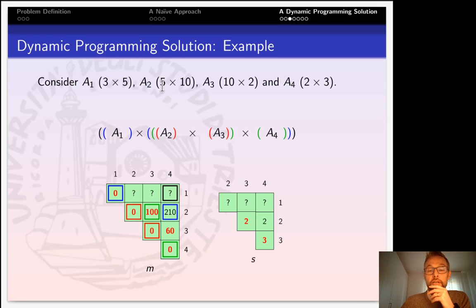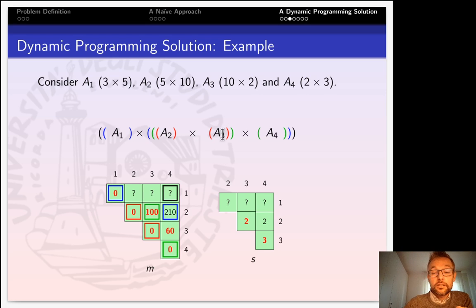Why? Because A2 has 5 as number of rows, 10 as number of columns, and A3 has 2 as number of columns. So 5 times 10 times 2 ends up with 100, and this is for sure the minimal number of required scalar multiplications, because this is the only way in which I can split this problem into sub-problems.